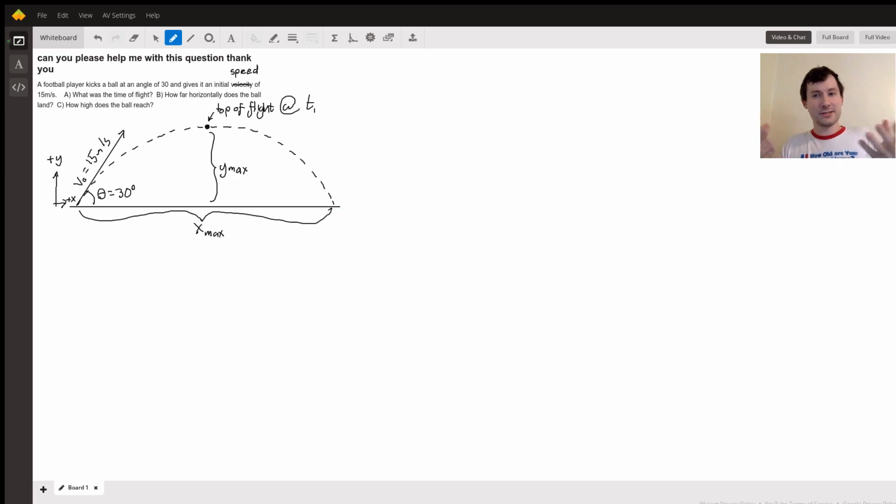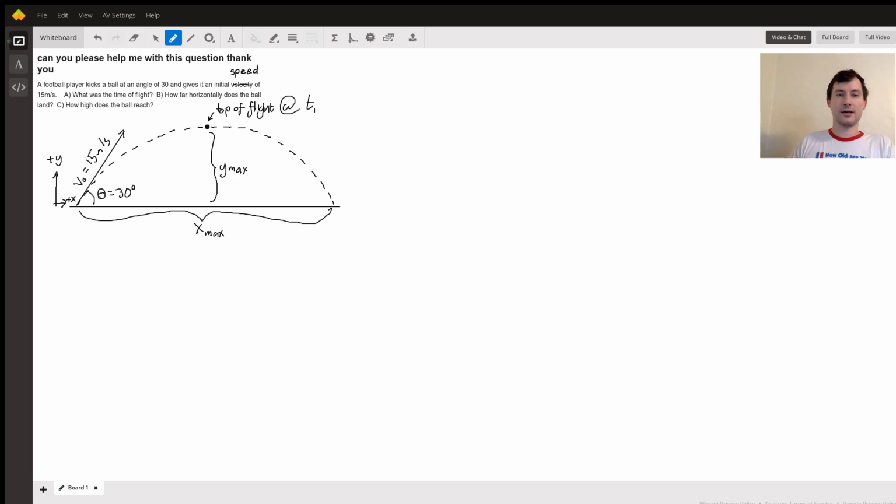That's the definition of top. What this means is, at the exact moment when the football is at the top of its flight, at y max, halfway through the total time of flight, the y component of the football's velocity is 0. For a brief moment, the football is moving neither up nor down. The vertical component of that football's velocity is 0.